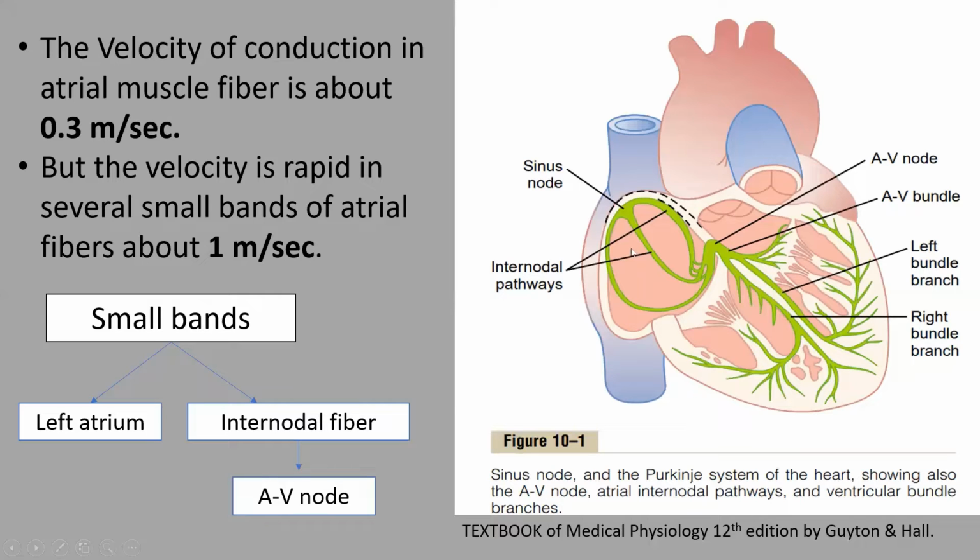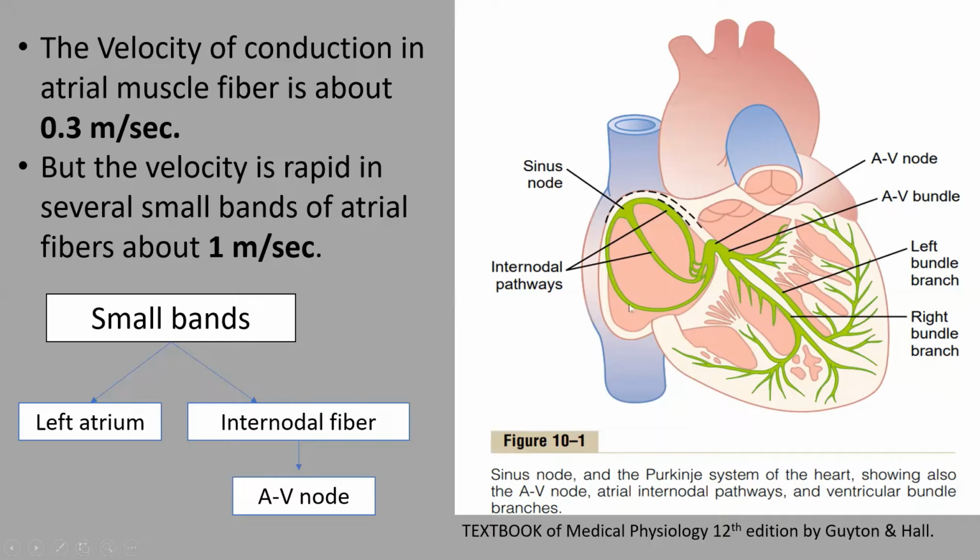So the current spreading in the right atrium should reach the left atrium almost at the same time. That is possible because of the specialized small bands of atrial muscle that quickly transfer to the left atrium and cause the contraction of the atrium at the same time.